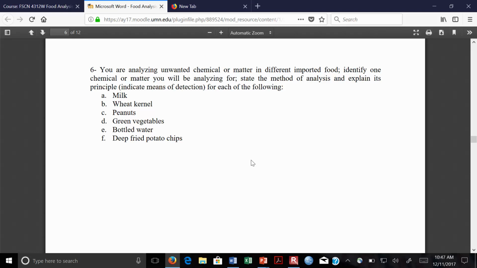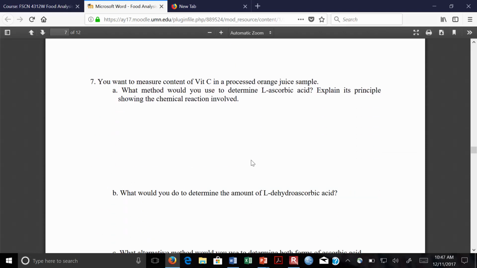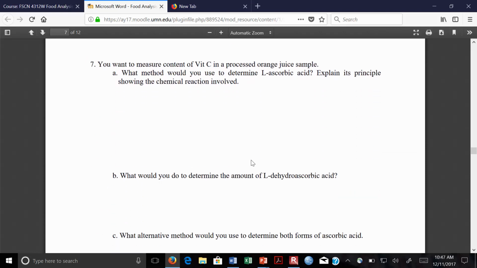Here's another typical question. You want to measure vitamin C. What did we do in the lab? Basically, the endophenol. So when I say put the reaction, again, don't draw the structure, just the name.